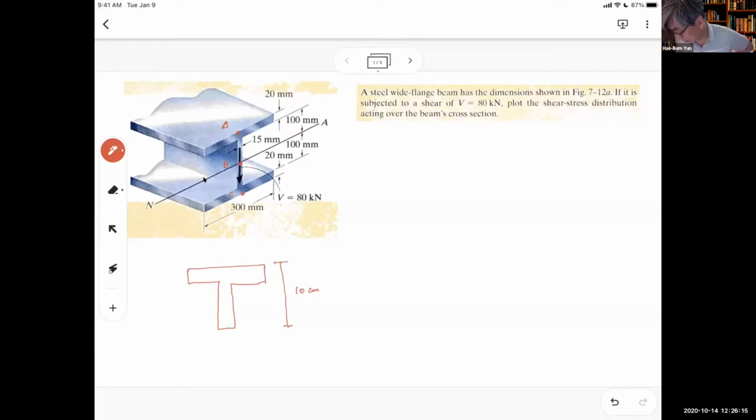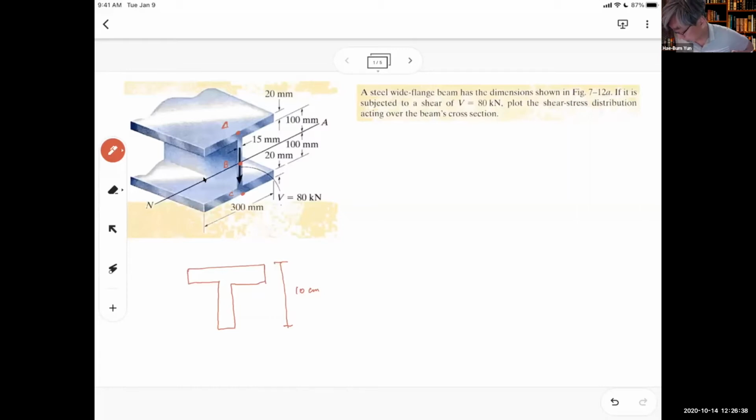So now I'm giving you the asymmetrical case, in the y direction, right? So in this case, the middle point is 5 centimeter, but 5 centimeter is not where you're going to have a maximum tau.